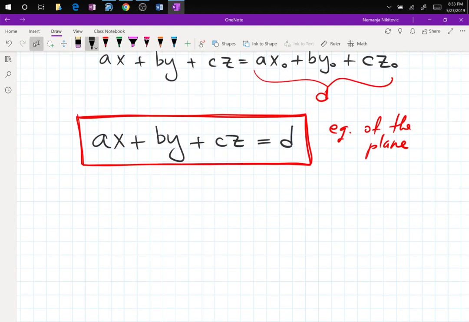The most basic problem for this that you can pretty much bet to see on one of the exams, quizzes, or final is to find the equation of the plane given 3 points.